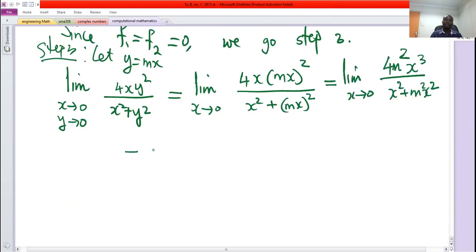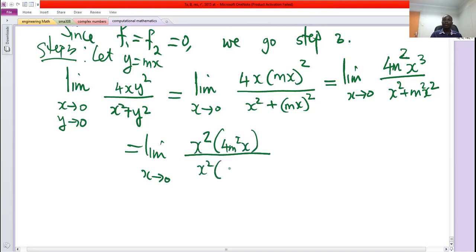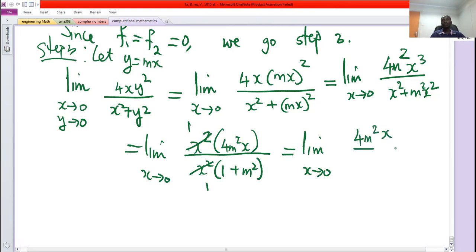Now I can factor out x squared from the denominator, x squared times 1 plus m squared. I just want to reduce the number of x's in my expression. So this will be the limit as x approaches 0 of 4m squared x divided by 1 plus m squared.